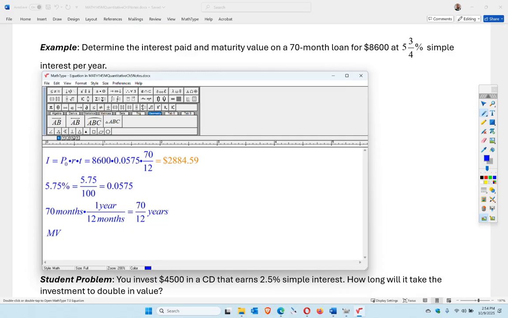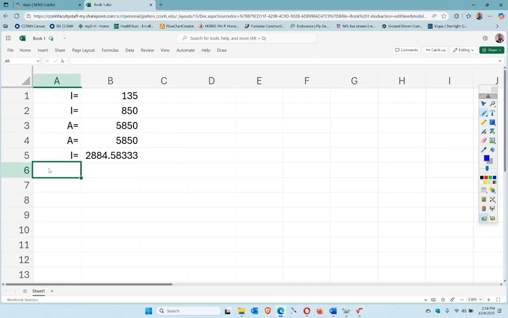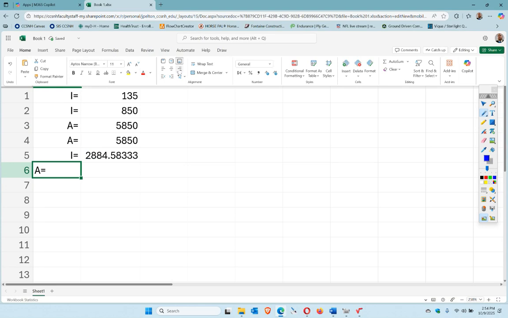The maturity value is the A amount, isn't it? Right? Which would be the 8,600 plus this amount here, wouldn't it? Correct? So if I go to my spreadsheet, A equals, and I'm going to shift that to the right.